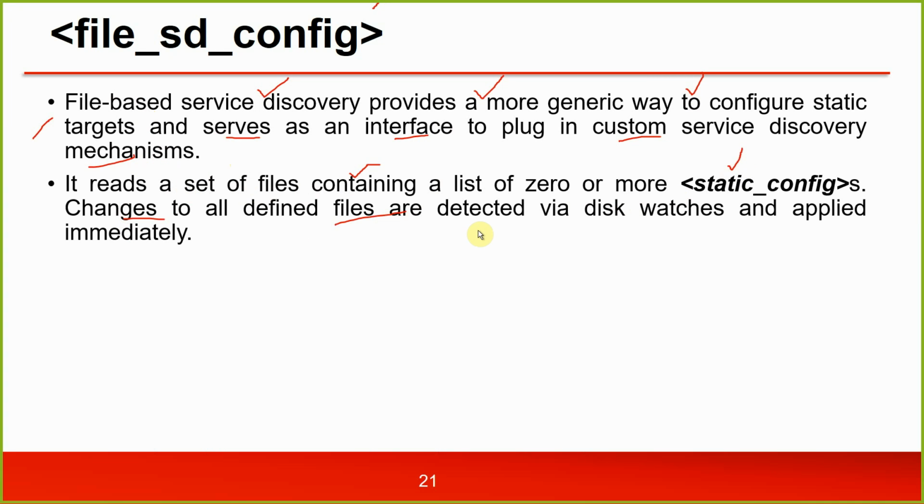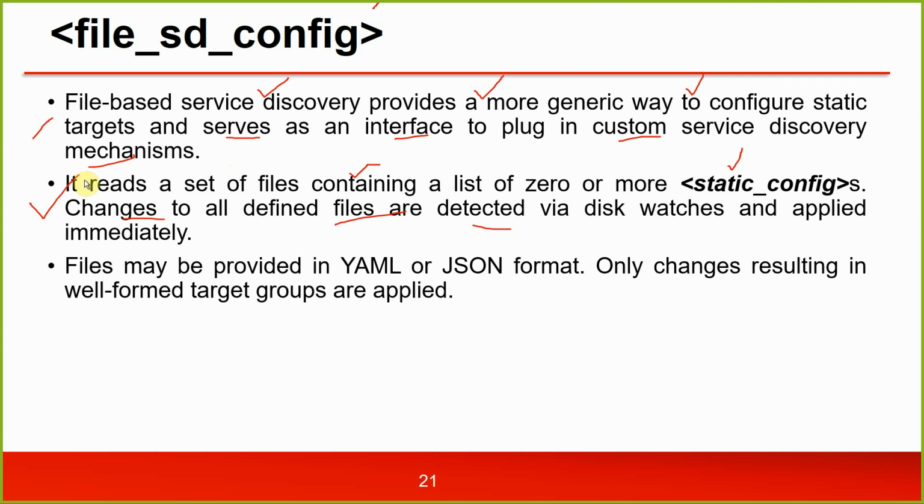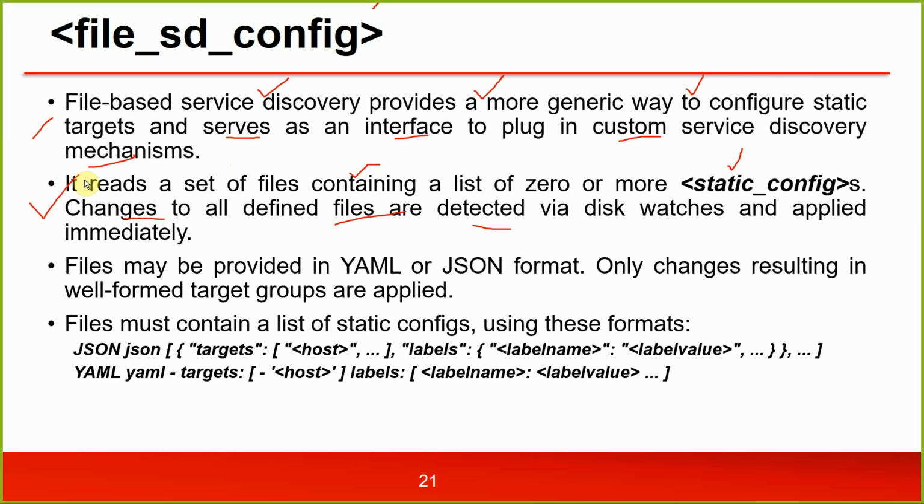Changes to all defined files are detected via disk watches and applied immediately. Files may be provided in YAML or JSON format. Only changes resulting in well-formed target groups are applied. The file must contain a list of static configurations using this format, like we can have JSON format or YAML format.